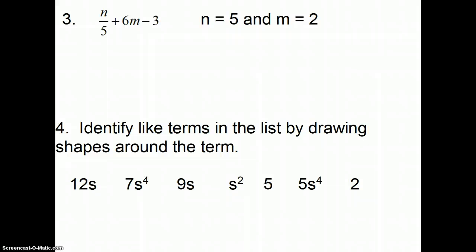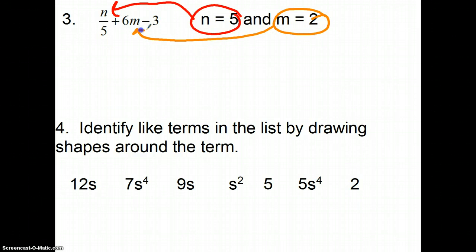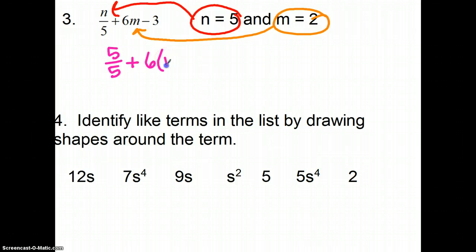Next one, n over 5 plus 6m minus 3 for n is equal to 5, and m is equal to 2. Okay, so I need to plug in those numbers, and that leaves me with 5 over 5 plus 6 times 2.